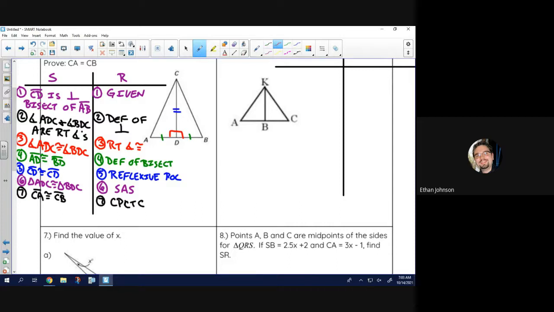It says CA is equal to CB. So we do need to go one single step further, and we can change a congruent statement to be an equal statement because of the definition of congruence.